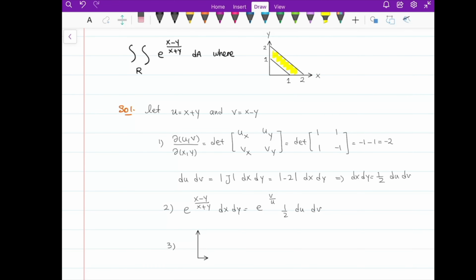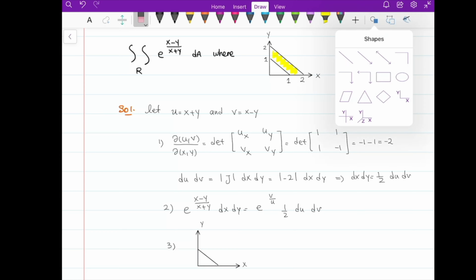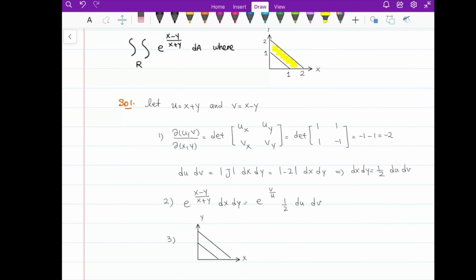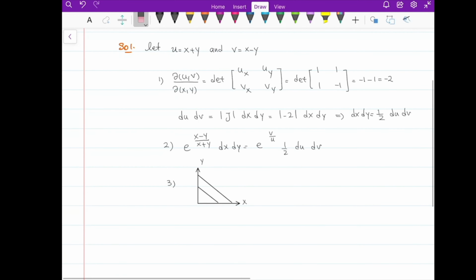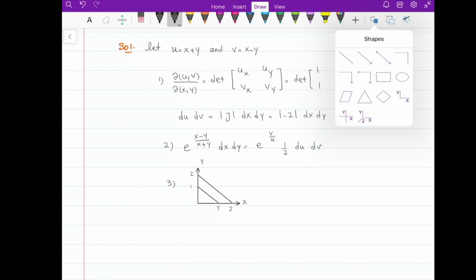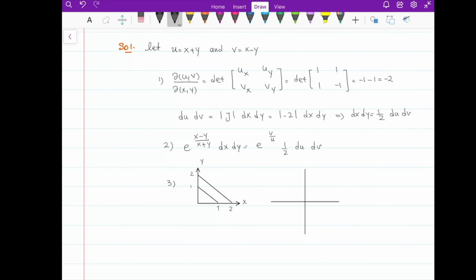Okay, so I have the x-axis, y-axis, and then I have one line in here, another line in there. Okay, this is 1, 2, 1, 2. I'm gonna see what I have in the uv plane. I'm gonna start with this one.